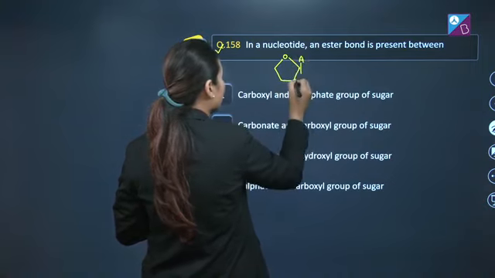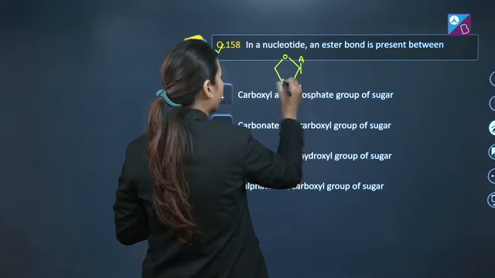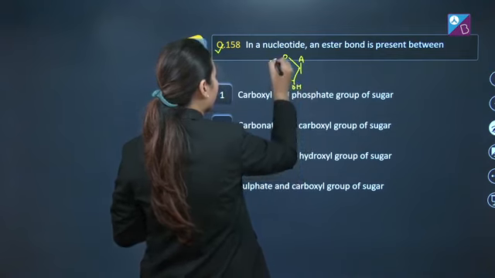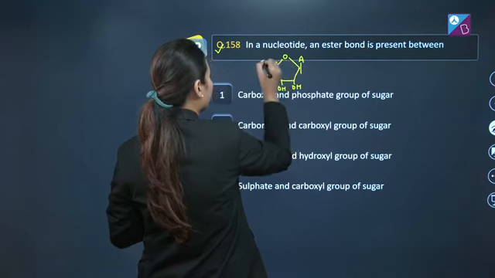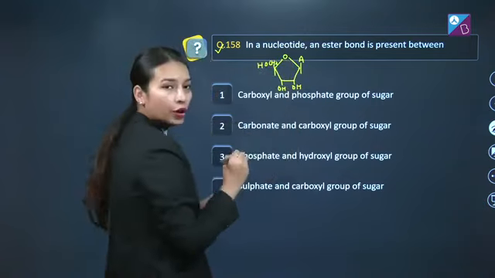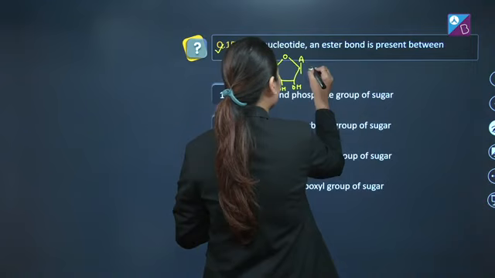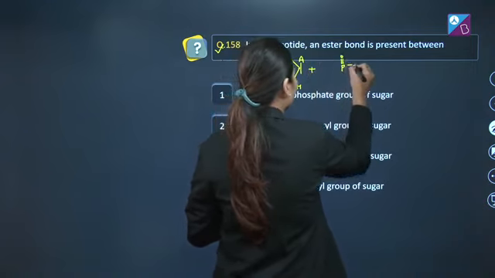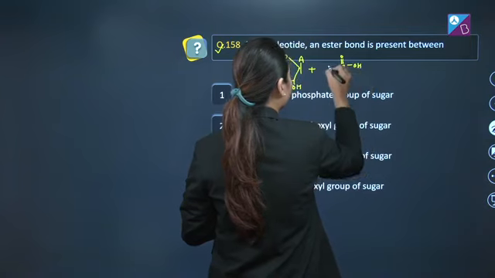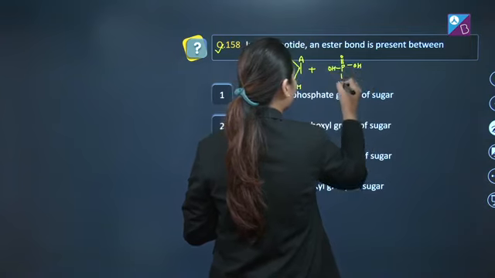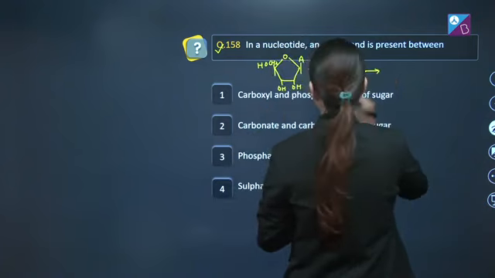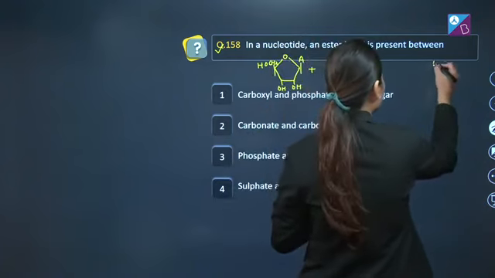is the structure of nucleoside, and when it combines with phosphate group, it forms nucleotide. So let's see the structure of nucleotide.